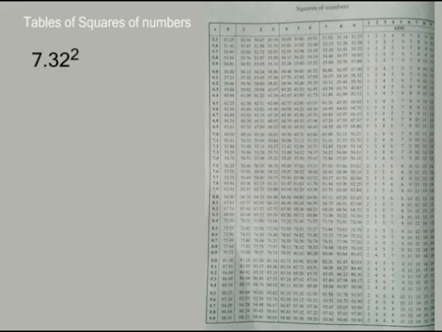First decimal place 7.3, so we are here. Next digit is 2. The column of 2 coincides with our row here. The number is 53.58. We do not have a third decimal place, so we stop there. And so the square of 7.32 is 53.58.